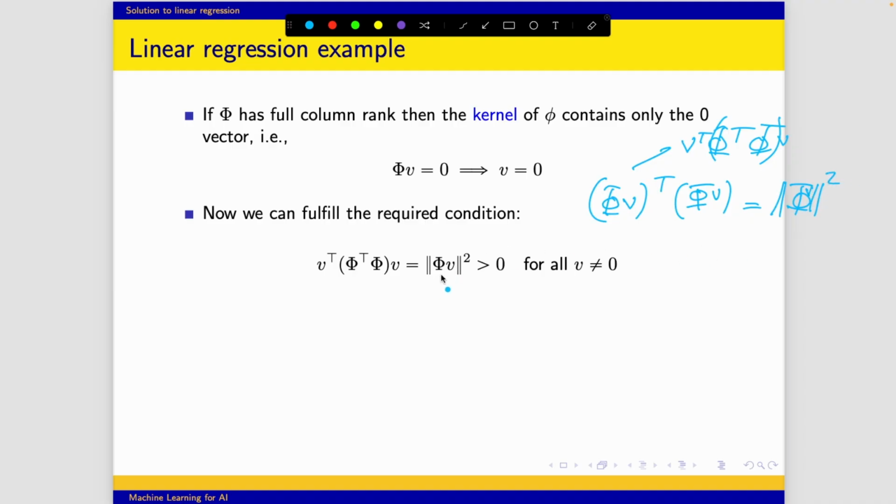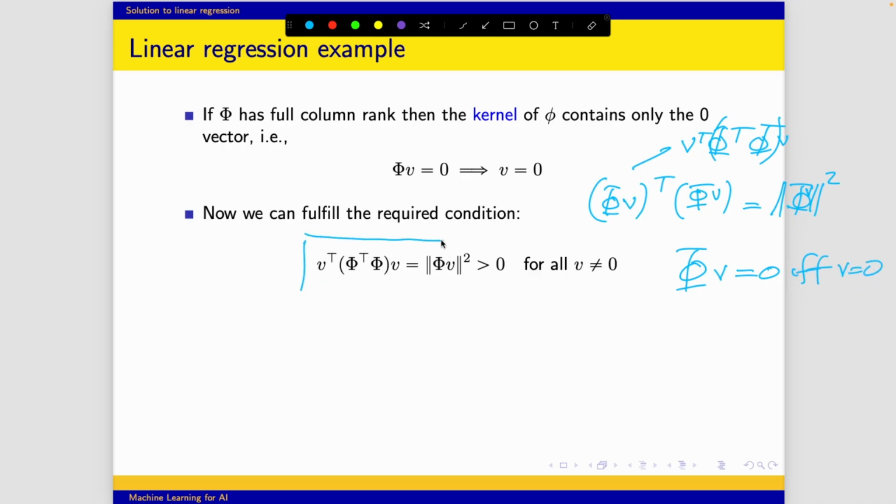That's greater than 0, guaranteed, for all v which are not 0. Why? Because from the fact that phi has full column rank, the only way that phi v is 0 is if and only if v equals 0.